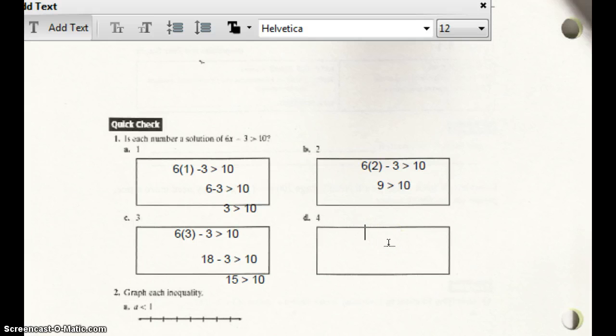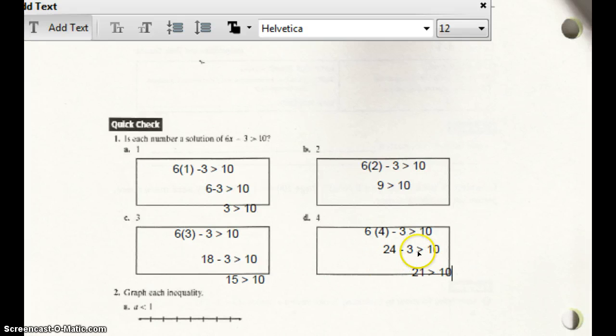And then finally over here for part D, we have 6 times 4 minus 3 greater than 10. When we plug this in, we get 24 minus 3 greater than 10, and then finally we'll see that 21 is greater than 10. And once again, this is true just because 21 is a larger value than 10.